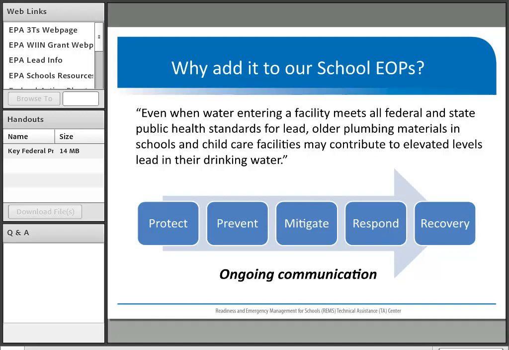In situations like this, we can take steps to integrate this with the Safe School EOP, and we can include goals and objectives and courses of action to help ensure continual protection of the whole school community by using a set of integrated prevention, mitigation, and protection activities, and being ready to respond and recover, and then supporting all of these efforts with ongoing communication.